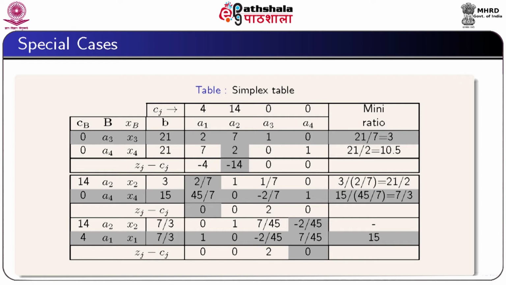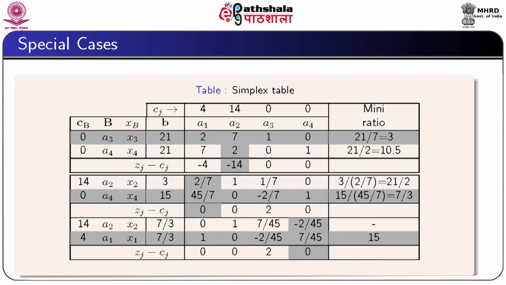In the next iteration we find that Zj minus Cj is greater than or equal to 0 for all j. Hence, the condition for optimality is satisfied.